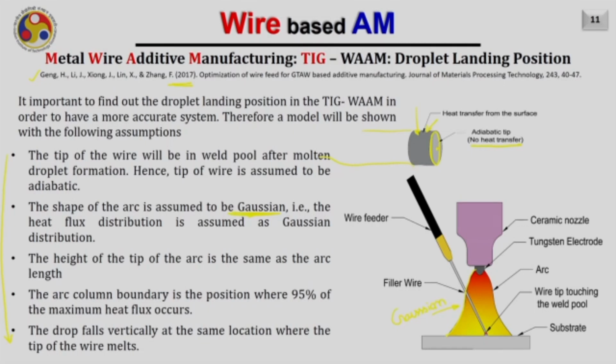Further, if I take any cross section at a particular height, let me draw this top view, I will obtain the arc cross section something like this, and the intensity inside this is also varying by Gaussian. So there are two things now. The shape of the arc is assumed to be Gaussian, and also at each height, if I take the cross section, the intensity of the arc inside it is also varying by the Gaussian profile.